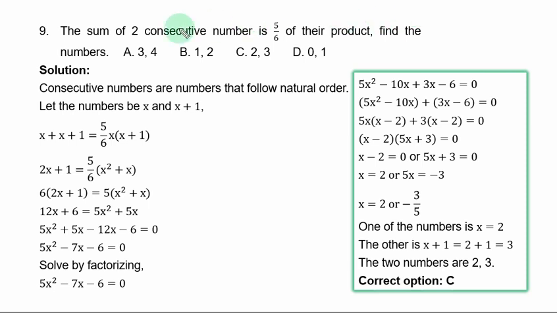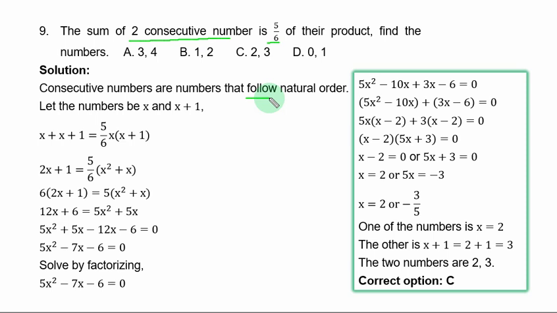Question 9. The sum of 2 consecutive numbers is 5 over 6 of their product. Find the numbers. Solution. Consecutive numbers are numbers that follow natural order, that is 1, 2, 3, 4, 5.